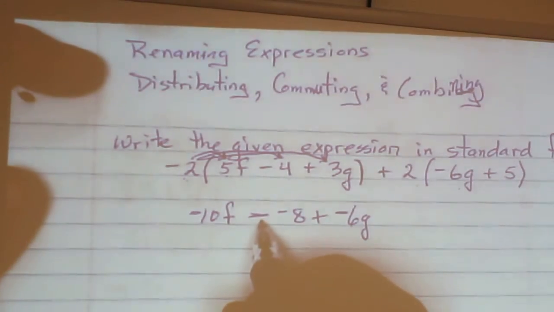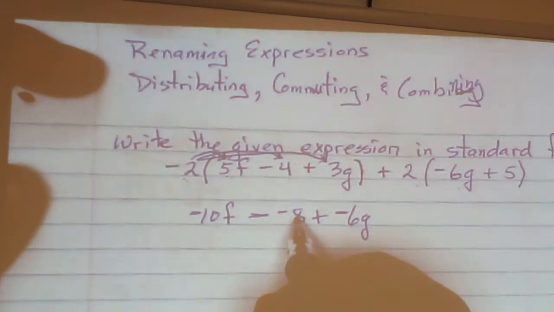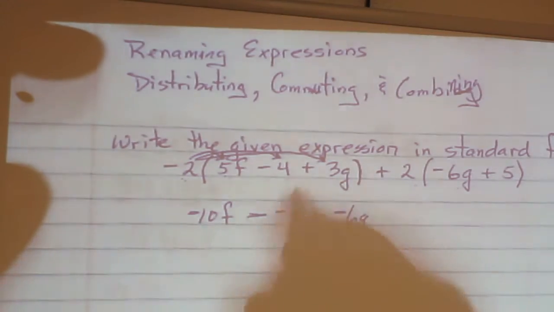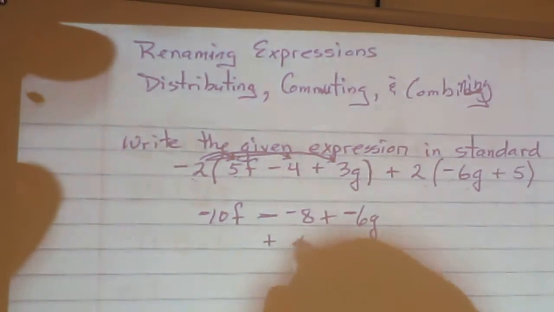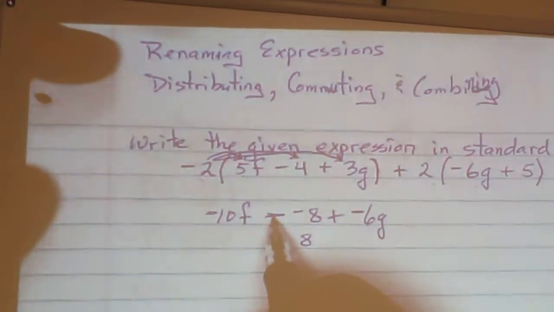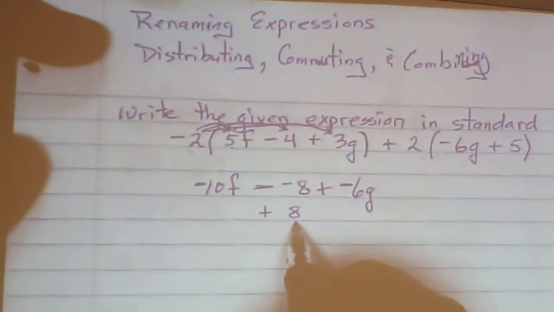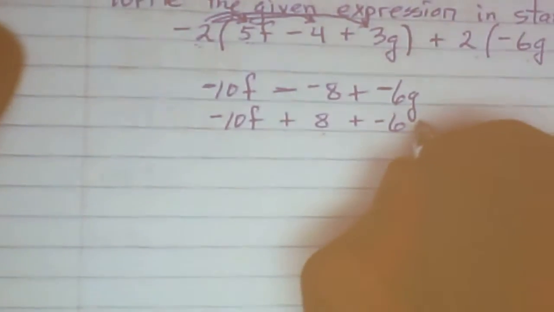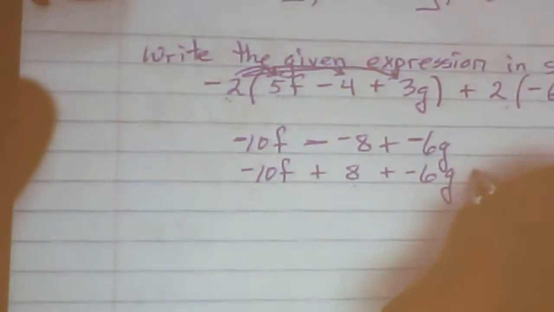Now this right here, subtract a negative 8 or minus negative 8, we know that that's going to make the value go up just like adding 8 would. So let's rename that. Another way to subtract a number is to add its opposite. Let's bring down the negative 10f. Let's bring down the negative 6g. And adding.